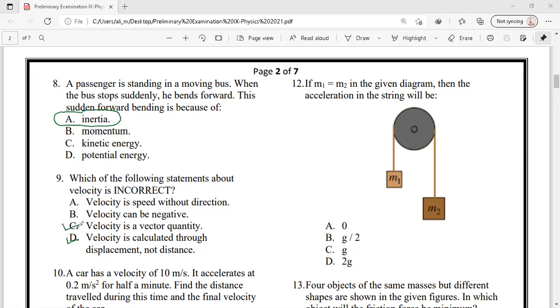Velocity is a vector quantity. This is correct. Velocity can be negative. This is correct. Velocity is a speed without direction. Velocity is a physical quantity that requires direction as well, because it is a vector quantity, so this statement is incorrect. So option A would be the correct answer for question number 9.